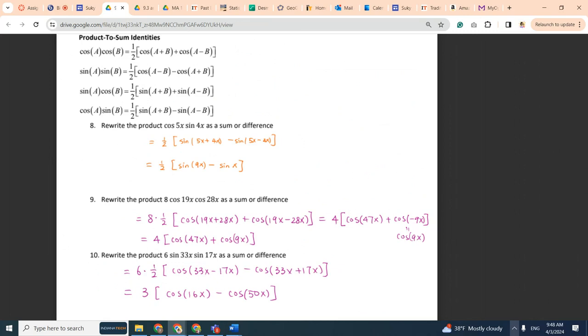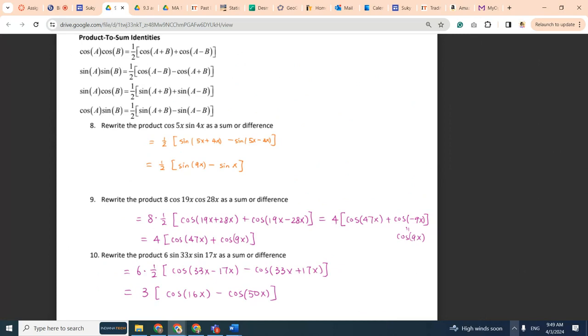Then 1/2 cosine of A, 19x, plus B, 28x, plus cosine of A, 19x, minus B, 28x. And then 8 over 2 is 4. You got cosine 19x plus 28x is 47x, and then plus 19x minus 28x is negative 9x. Do you remember cosine of a negative equals cosine, because it's an even function? So that is in fact cosine 9x.